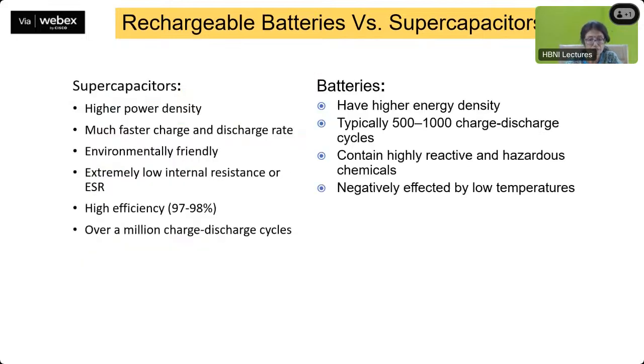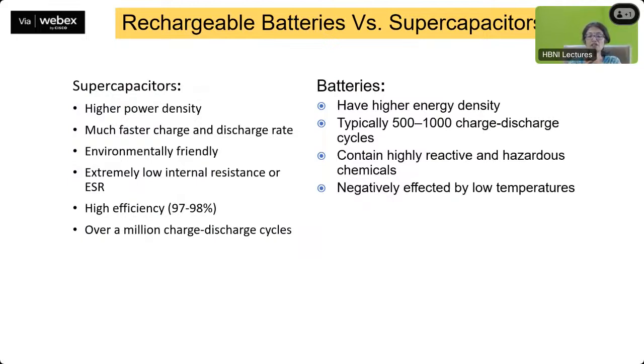So if you look into the properties, supercapacitors have a higher power density, whereas batteries have a higher energy density. Supercapacitors have a much faster charge and discharge rate. Then it is environmentally friendly. It has an extremely low internal resistance. It has a high efficiency of around 97 to 98%, and it has over 1 million charge discharge cycles.